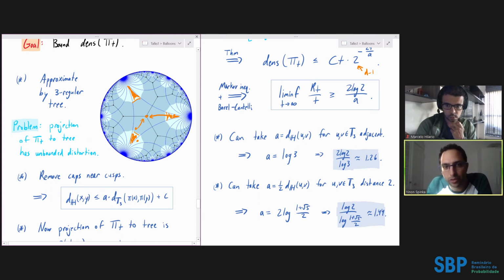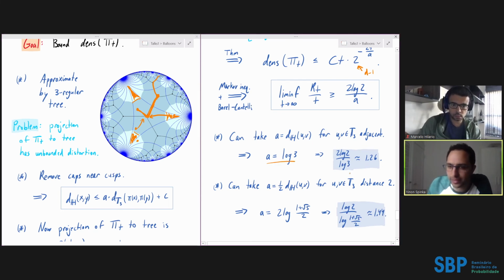So a first thing you might try to do is just take the length of one edge, because as you project, you go along the edges, and then at the endpoints you have some bounded distance plus the length along the tree. So the length of an edge is log 3, and this would give you a slightly worse bound.